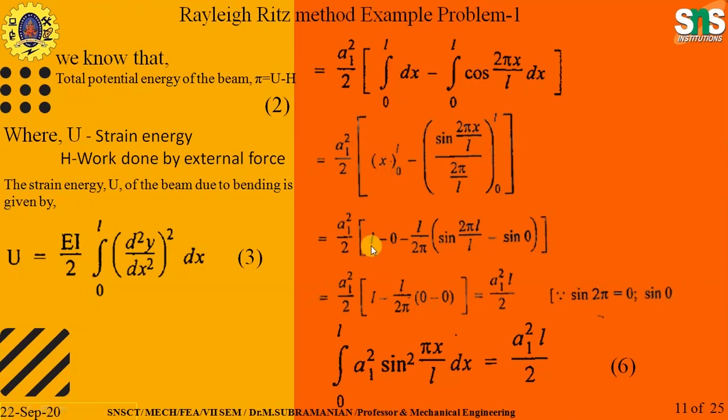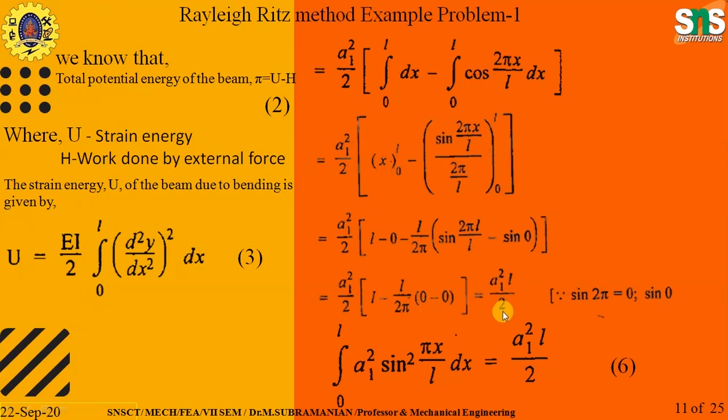So L minus 0 minus L divided by 2 pi times (sin 2 pi minus sin 0). So finally we are getting the value a1 squared into L divided by 2.